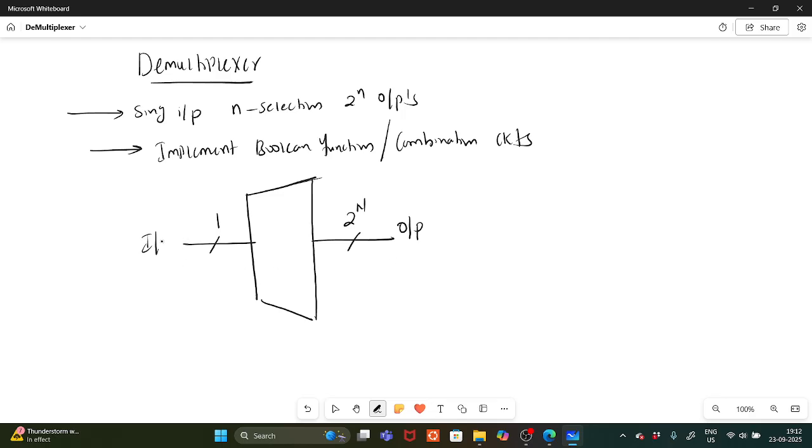This is the DeMux. Another name for DeMux is data distributor. Okay, this is about the DeMux.